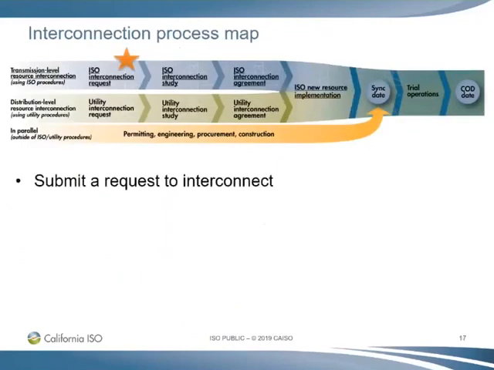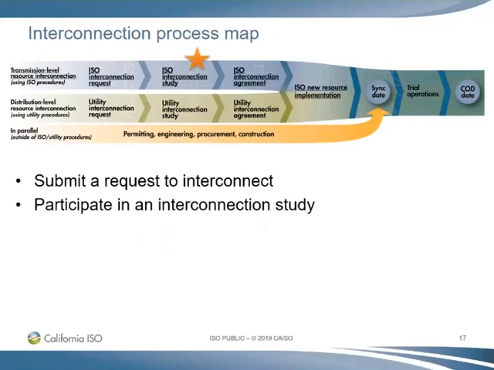At a high level, the generator interconnection process starts when a resource submits a request to interconnect. This kicks off the generator interconnection study to determine reliability impacts to the system and identify any upgrades that need to be made. This study process takes just over 2 years to complete.